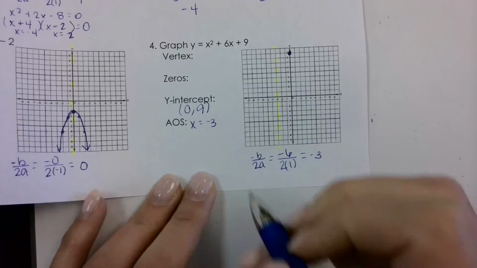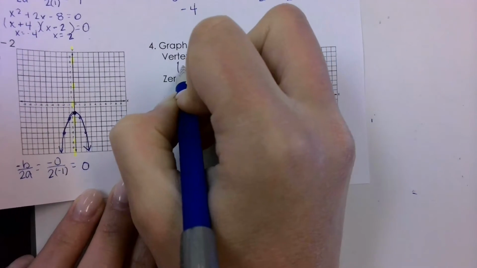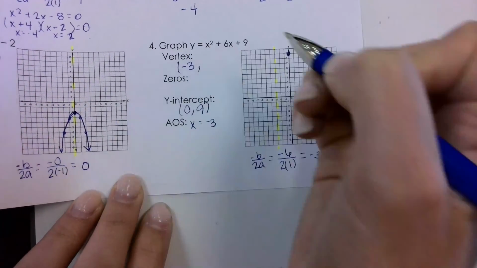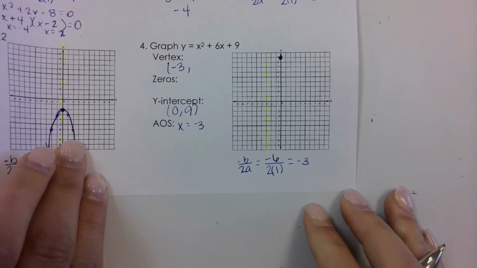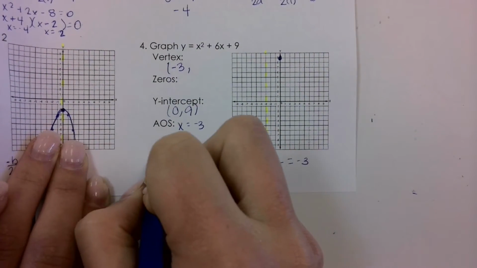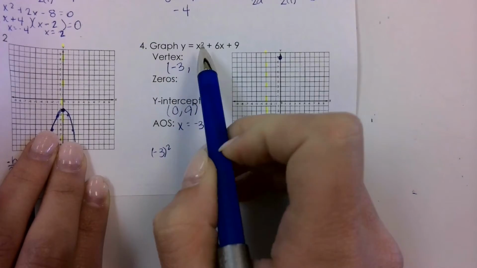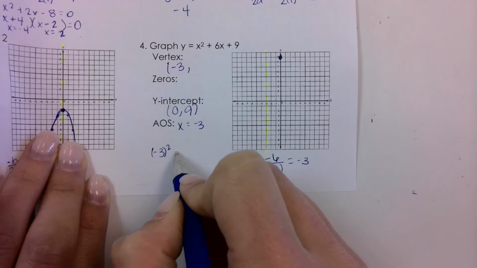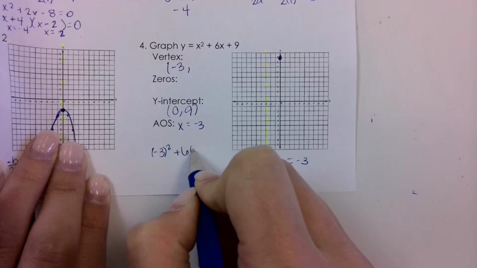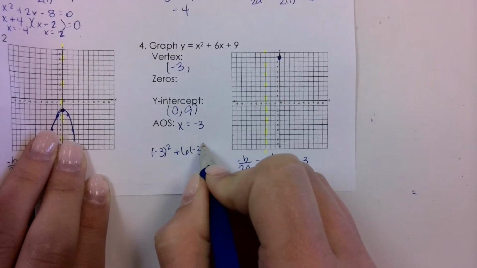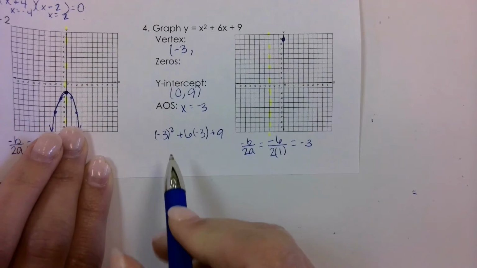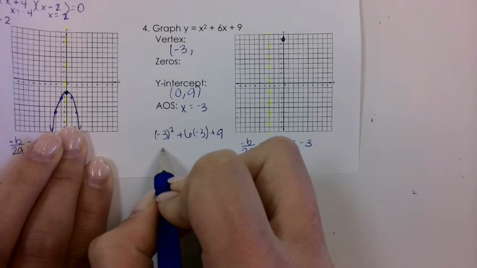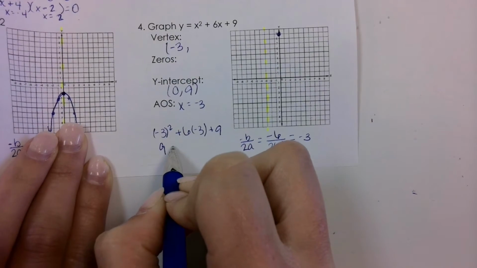How are we going to find our vertex? We know the x value is -3. We still need to find the y. So what are you going to do? Plug it back in. We've got -3 squared plus 6 times -3 plus 9. What is negative 3 squared? 9. What is 6 times negative 3?